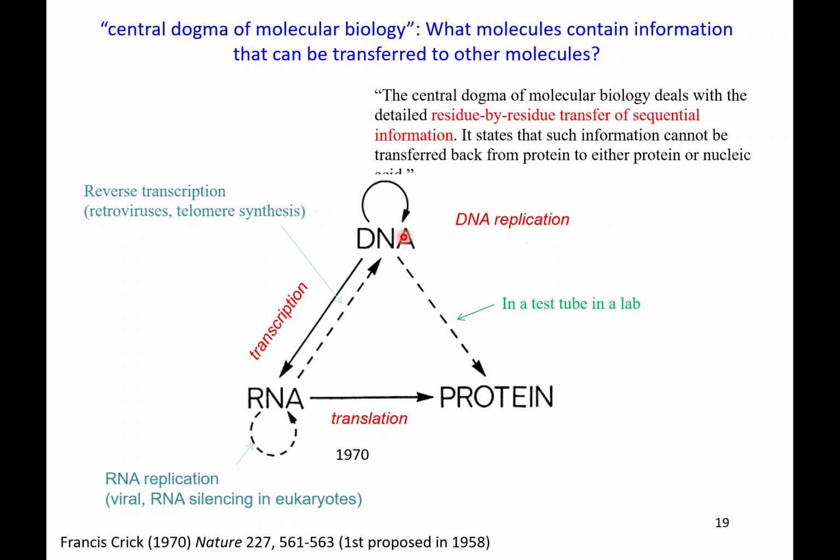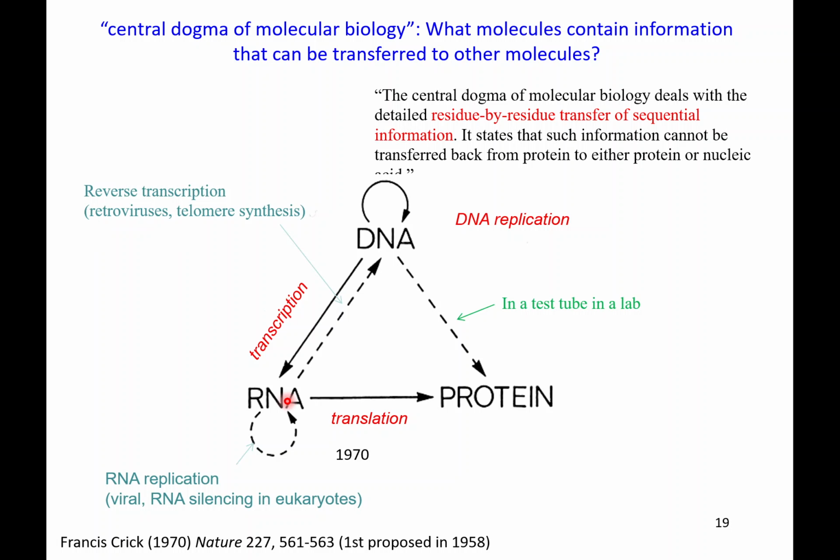You can have DNA information going to protein, at least in a test tube in a lab that has happened. Okay, you can have what's known as reverse transcription, where you have an RNA molecule that's reverse transcribed into DNA, and retroviruses act in that way.